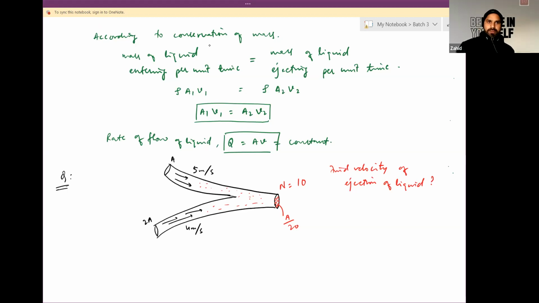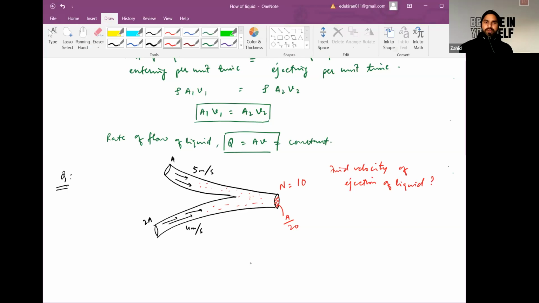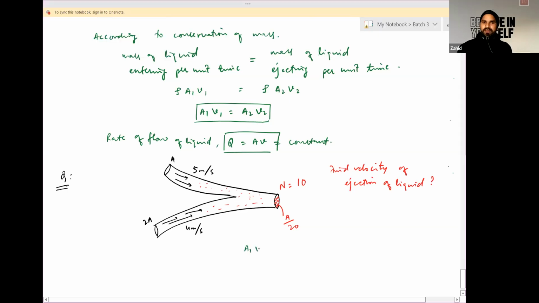So according to the equation of continuity, A1 V1 plus A2 V2, since these two tubes have the same direction of flow, must equal n number of holes, each having area A3 V3. Now put the value of each term and simplify it to find V3.